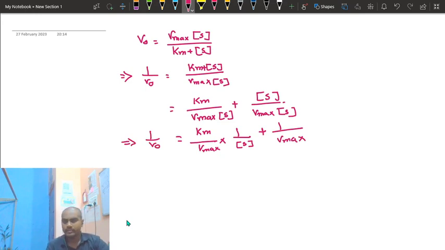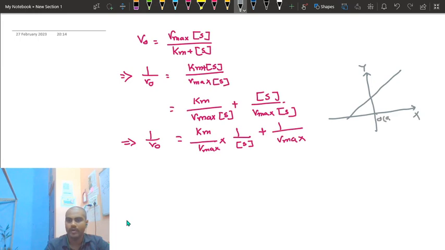Now, to plot any graphical representation, you must know a few things. Let's suppose this is our plot. In this plot, all of us know this is the y-axis and this is the x-axis, and this point is known as the origin.